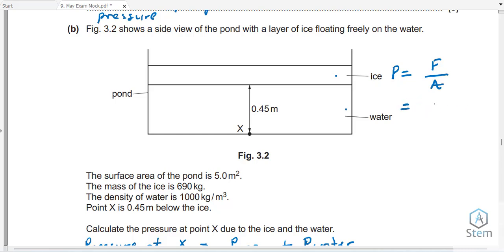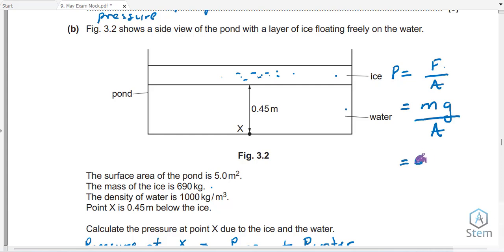And that's going to be, force is mg, it's the weight of the ice. With regard to the ice, the force is the mg, mass of the ice multiplied by the gravitational field strength. So mg divided by area. Now, mass of ice is given.